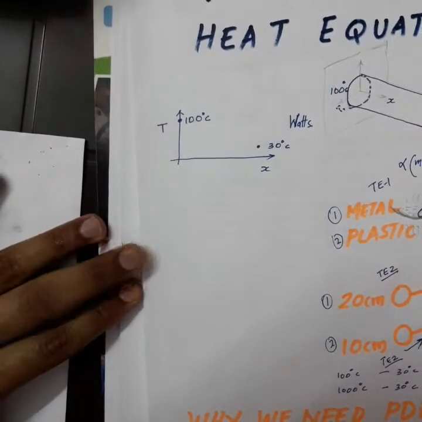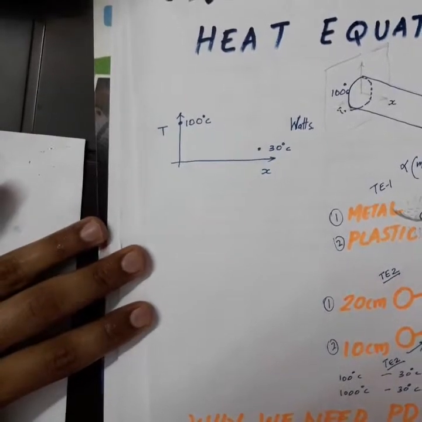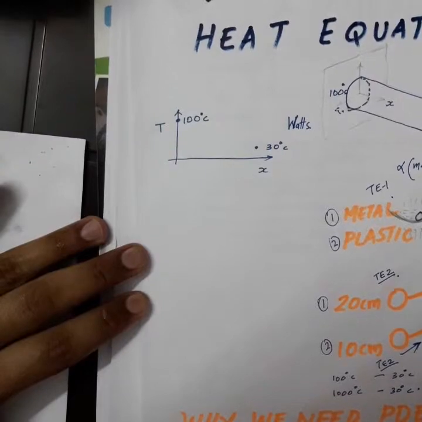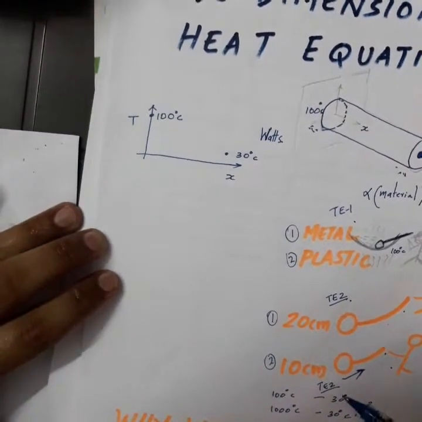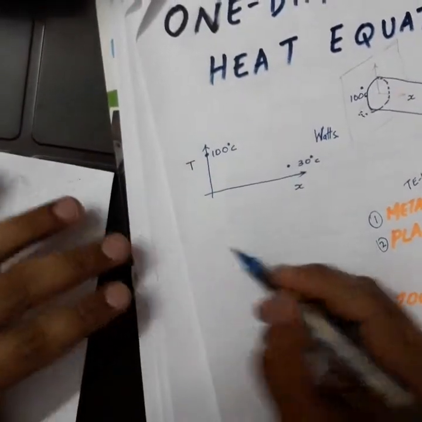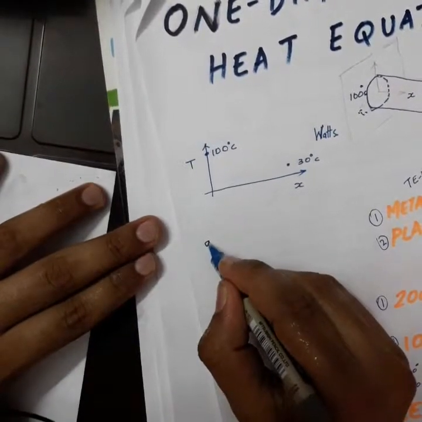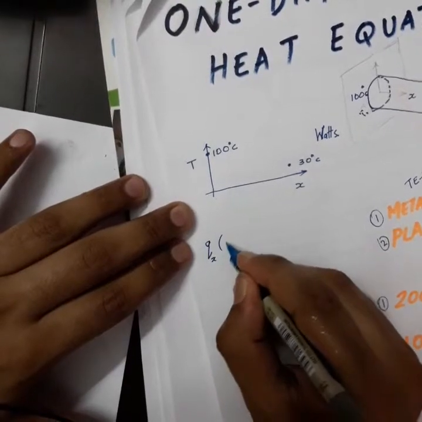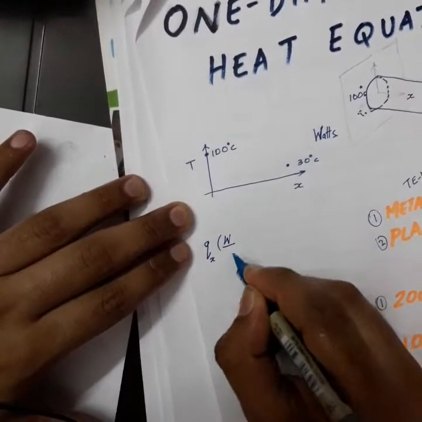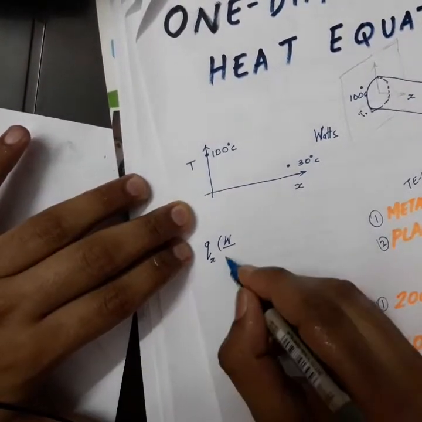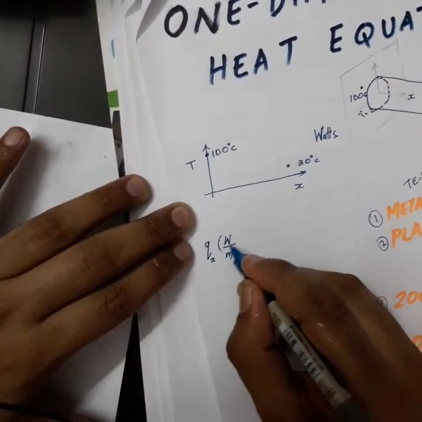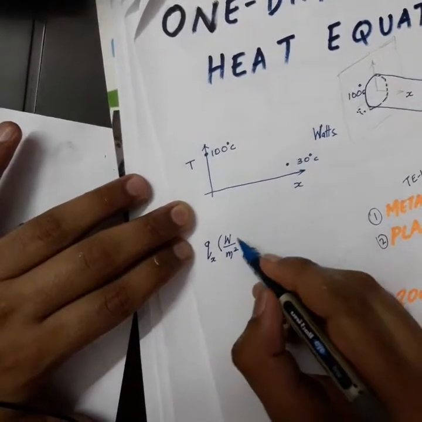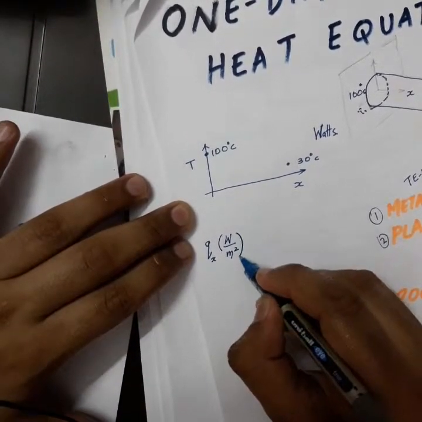So from all these three thought experiments, let's say Qx is the rate of energy transferred at this particular point per unit area.